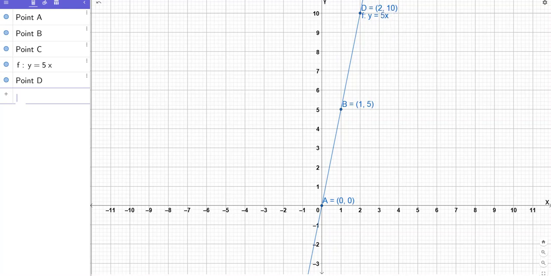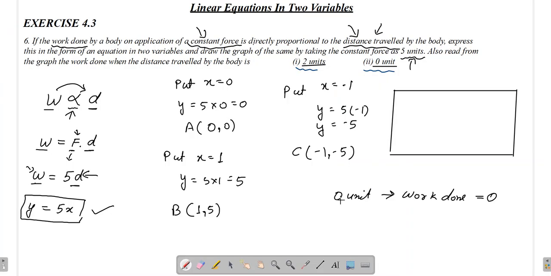So this is how it is, that when the distance traveled is 2 unit, the work done is equal to 10 units. So this is what the question is.